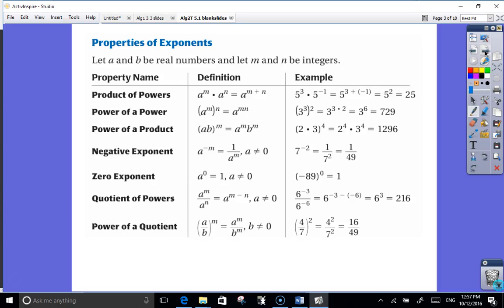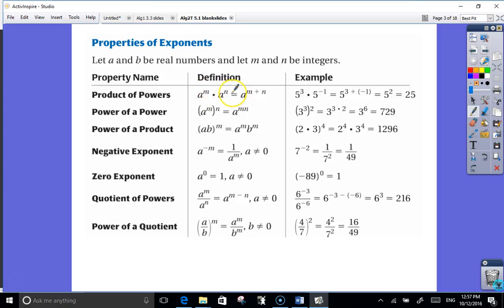I gotta stay over here so the mic can hear me, but when you multiply, like in the very first one, it says a to the m times a to the n, right? The a is called the base, right? The m and the n are exponents, and they could be different. That's why they use different letters for them.